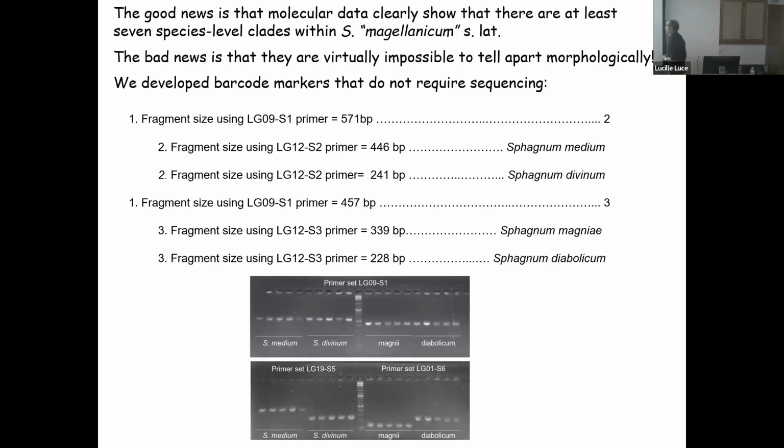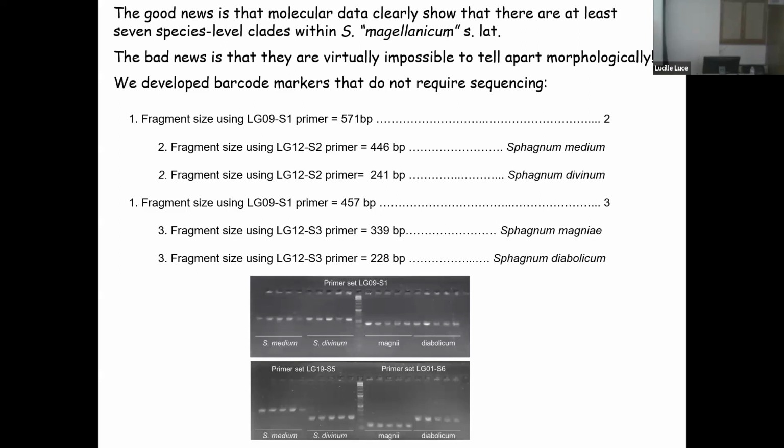So that is a problem, but we have a little bit of a workaround in that we use the genome data to create these barcode markers that do not need to be sequenced. We found regions in the genomes that, if we amplify the different species, give us different size amplicons.